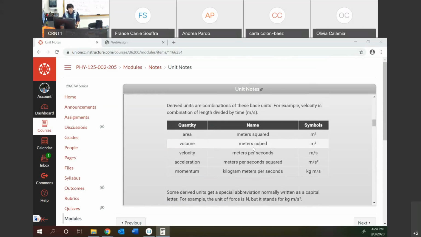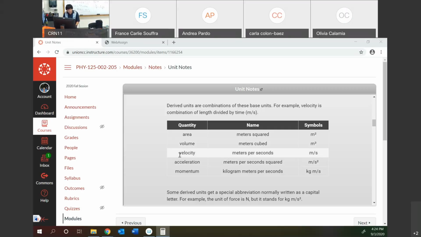If it was the volume, you have the length, the width, and the height. 2 by 3 by 4. So 2 times 3 times 4, that will be 24 meters cubed. Right? So that's the units for area, and you can see there the symbols. Meter squared, meters cubed, right?